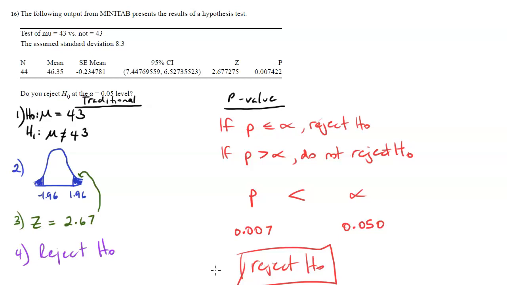So the same conclusion, it just takes a little bit more to get here using the traditional method than the p-value method, especially when you have z and p given to you. You don't have to do any calculations. But to make the traditional method work, you have to find those critical values to determine that rejection region, to see if this test value is in that rejection region. Okay?